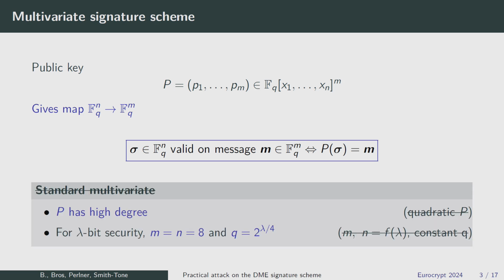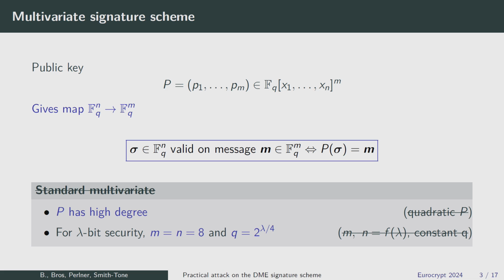But here, DME is not a standard multivariate scheme, in the sense that first, our polynomials are not quadratic, which is usually the case. Here, the polynomials have essentially exponential degree. And also, the number of polynomials and variables is extremely small. I have m equal n equal 8 for all security levels.